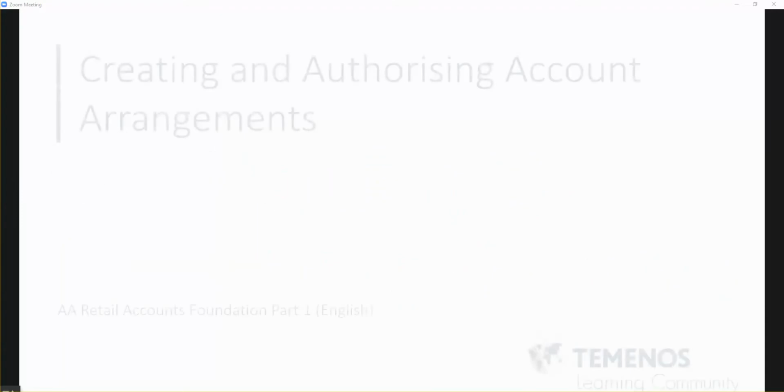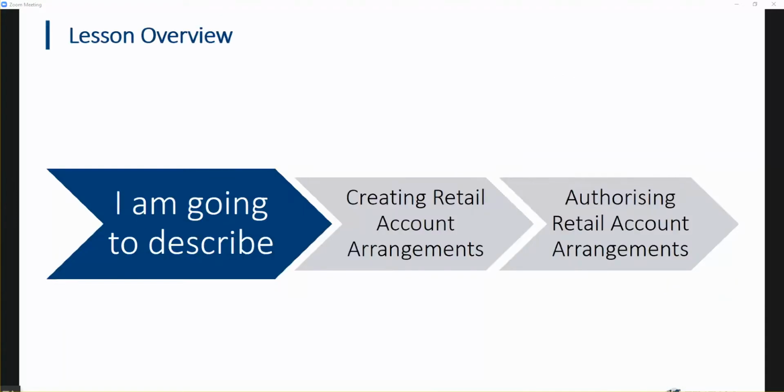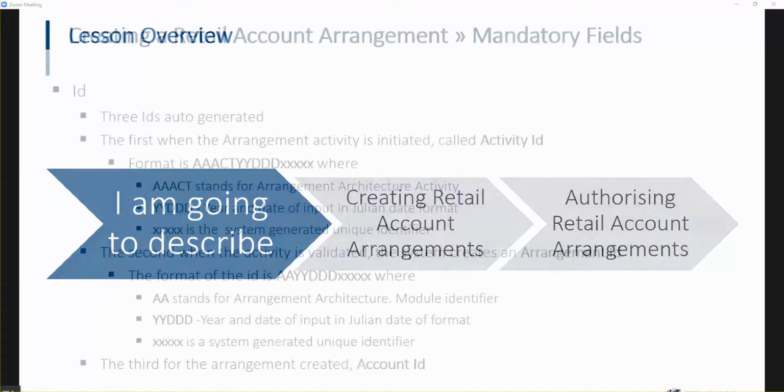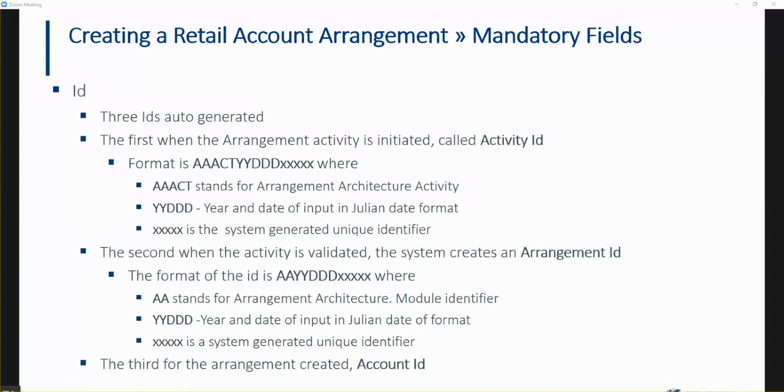Let's go. So creating and authorizing retail account arrangement. Okay, this will start to make it easier to understand. Right now, when we are creating an arrangement, there are 3 IDs that will be automatically generated by the system.